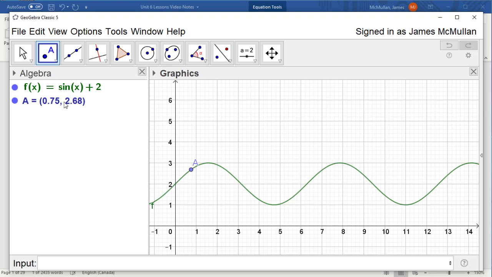Now, my definition is, if you were to take another point that was exactly a certain distance away, you would have the same y value. And if you notice, no matter where I put this point, if I move exactly t units away, it has the same value.